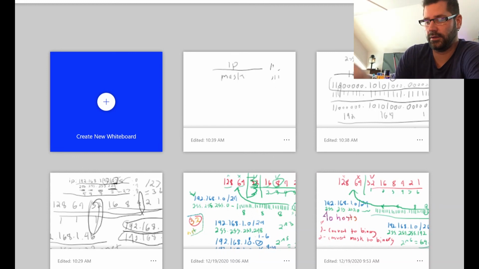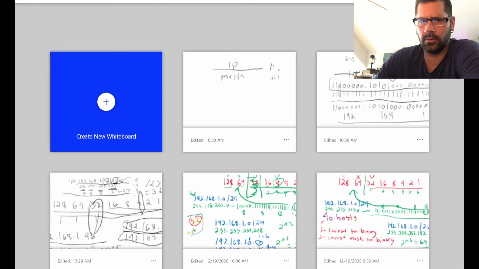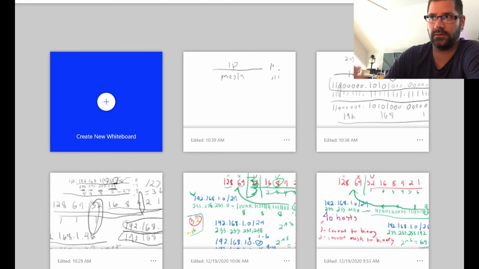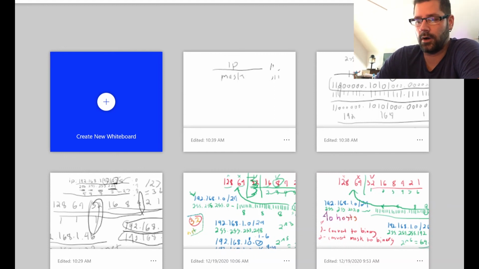So I'll have a list of some subnetting problems that we'll go over, like we need this many hosts, or we need this many networks, or we need to find the network ID of this, that sort of thing. And I'll go over a bunch of different examples. So that'll be part 4 if I have the time. I mean, I'm sure I'm going to have the time. It's just a matter of when.